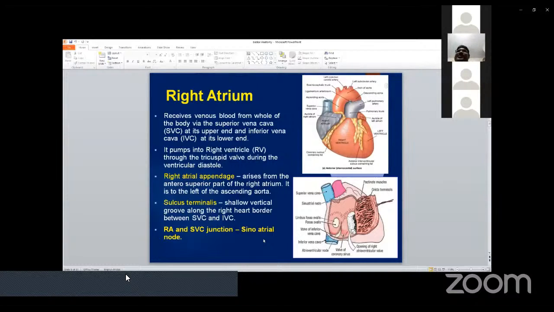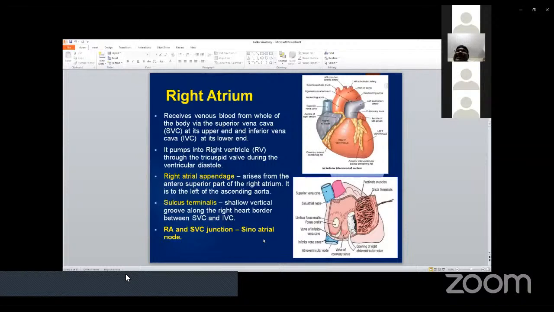That blood is without oxygen; blood without oxygen is called deoxygenated blood. It passes through the superior vena cava and inferior vena cava to the right atrium.